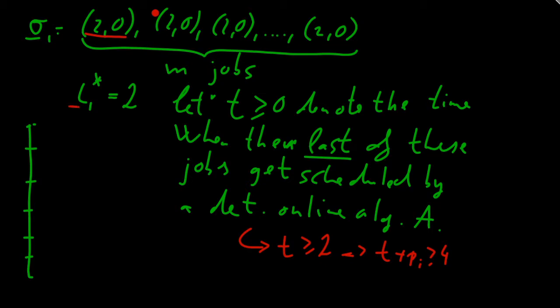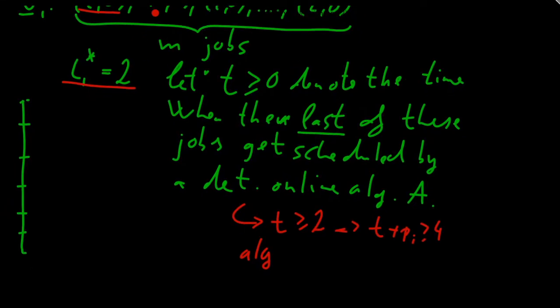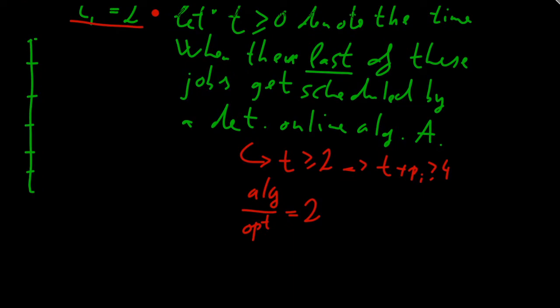Since the optimum is 2, this means that the algorithm's cost for this particular input divided by the optimum cost is 2, which means that the competitive ratio of such algorithms is at least 2, so they are not that great. Now, otherwise, the second case is that T is smaller than 2.